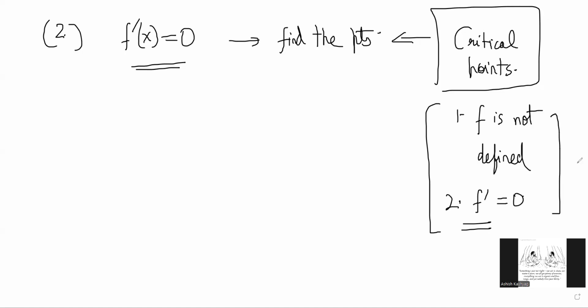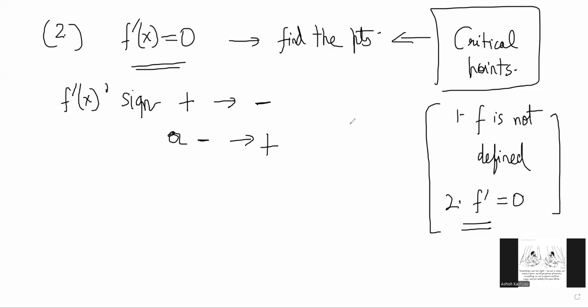Now, once we have found these critical points, maxima and minima can only happen at the critical points. So if maxima and minima is happening, we can just figure out f dash x's sign and how it changes, whether it goes from positive to negative or negative to positive. If it is going from positive to negative, then automatically you know that the function was behaving in what way?